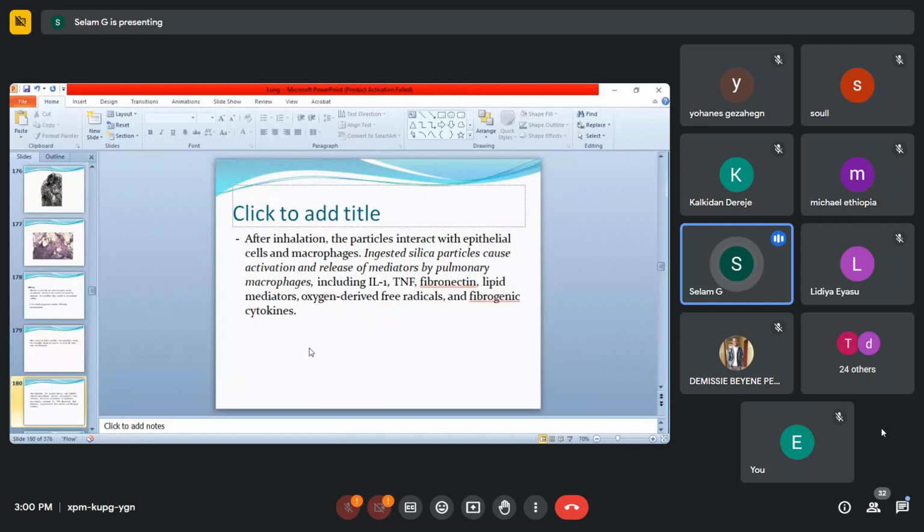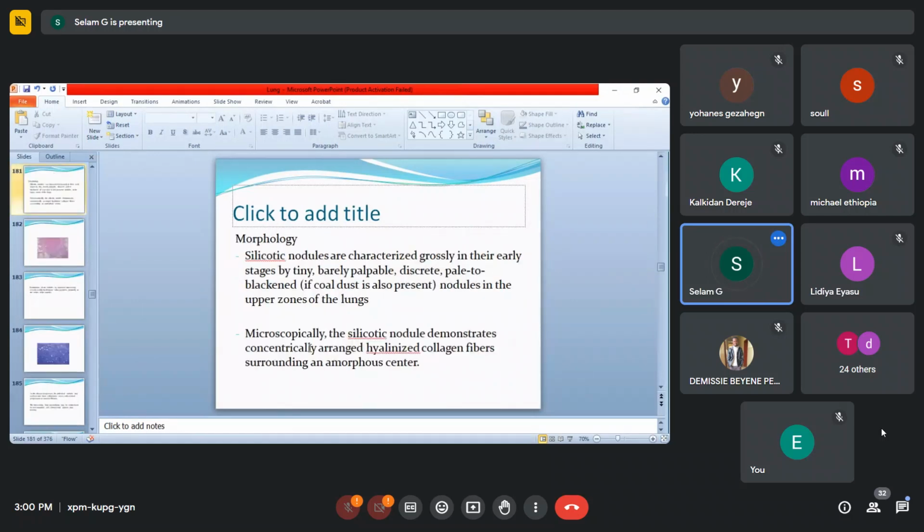After inhalation, the particle interacts with epithelial cells and macrophages, and the ingested silica particles cause activation and release of mediators by pulmonary macrophages, inducing interleukins, tumor necrosis factor, fibronectin, lipid mediators. So every inflammatory mediator will be released, and fibrogenic cytokines, most importantly, leading to fibrosis.